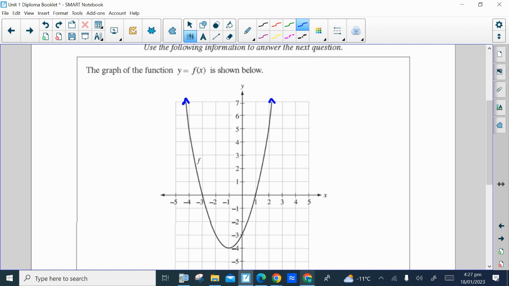But we had a series of steps that we followed to graph the square root of a function. The first thing we talked about were invariant points. To get the points on the new graph, you're taking the square root of f at x. You're taking the square root of the y values. So when y is 0, which are the x-intercepts, the square root of 0 is still 0.